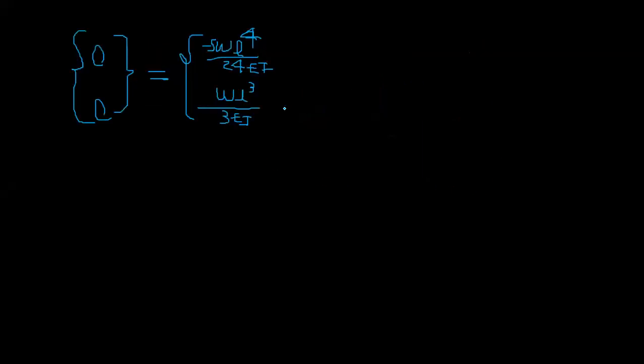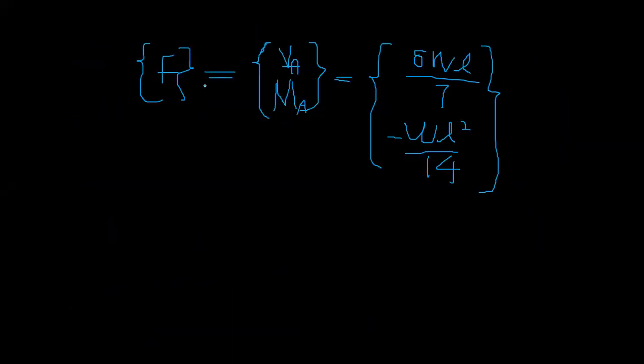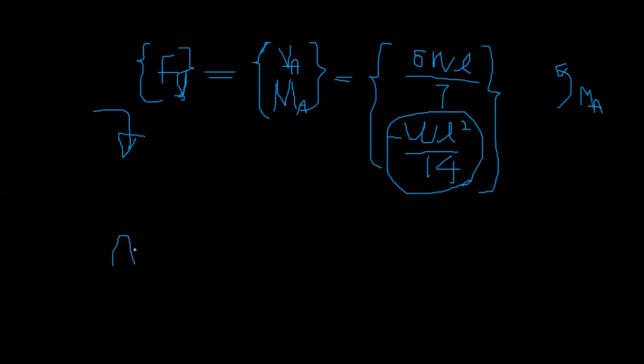Check this value. You just need to multiply those two matrices, right? So you can see it is a minus sign, right? So that means you considered clockwise, but it is actually anti-clockwise direction, MA, right? MA is originally an anti-clockwise moment. So once you know this, you can go ahead and plug for this.